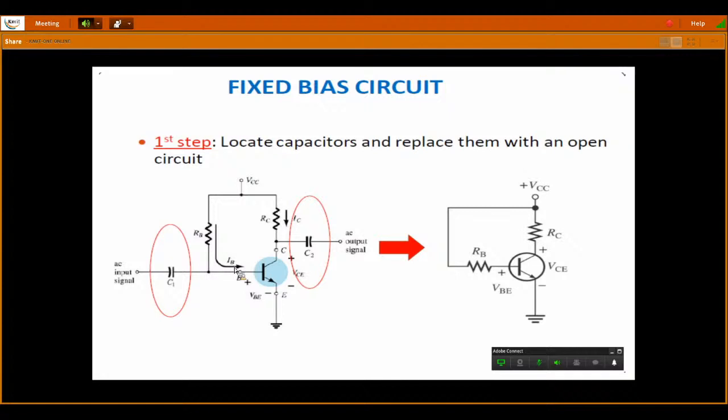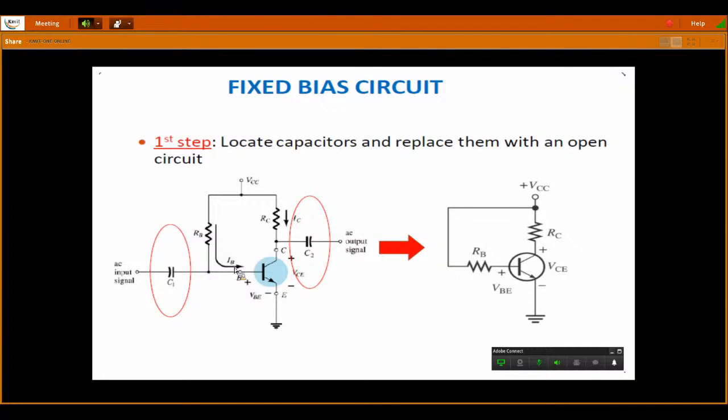Hence the fixed bias circuit is not preferable, but wherever you require the easiest construction, you could prefer this fixed biasing circuit. Now coming to the analysis part, we have to determine why it has poor stability, so that we have to learn now.